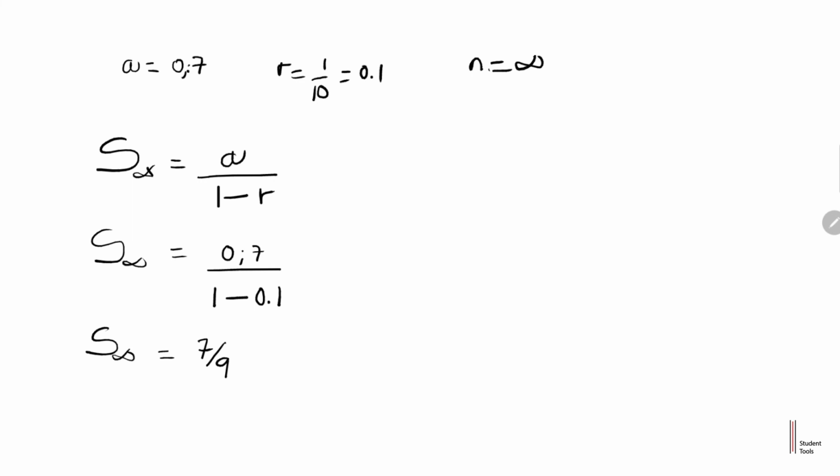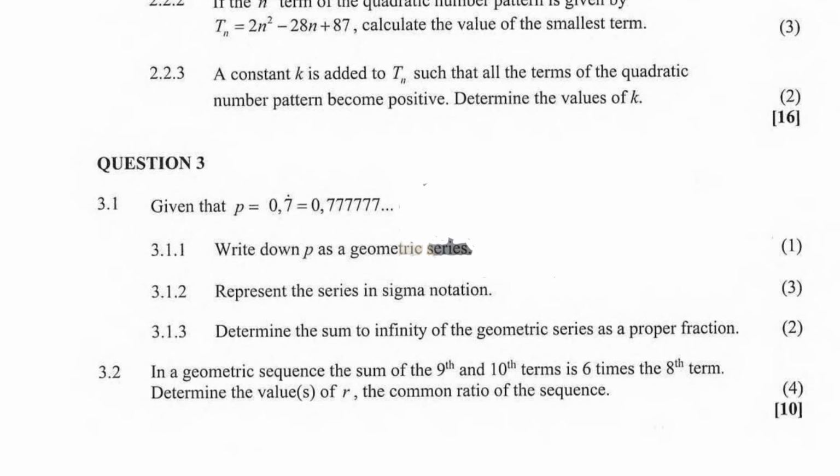Okay, let us proceed to the next question. Now we are on 3.2. 3.2 says, in a geometric series, the sum of the 9th and the 10th term is 6 times the 8th term. Determine the values of r, the common ratio of the sequence.